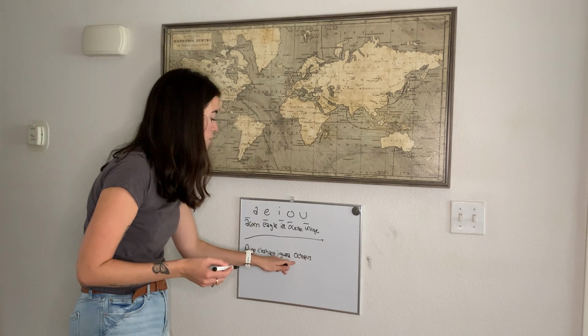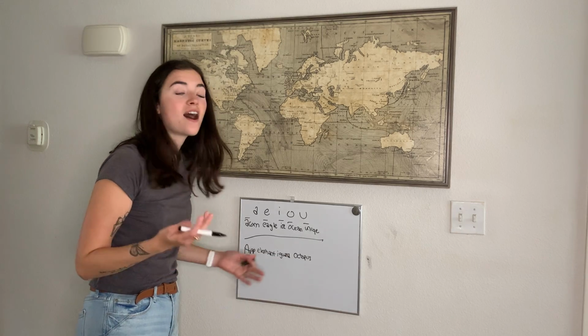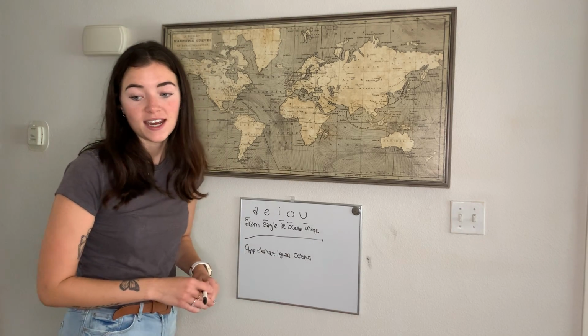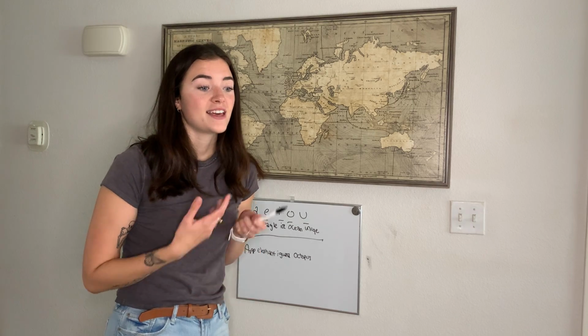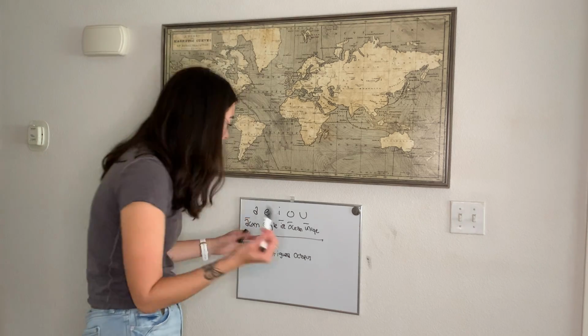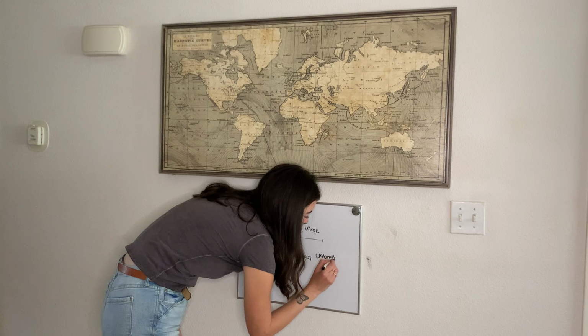This one again is going to sound more like that ah, instead of that O sound. And can anyone tell me a word that starts with a U? Instead of sounding just like a U, it's going to again sound like that sound. It's more like a sound effect rather than saying the actual letter itself. Good, umbrella. So we have our last word here, umbrella.